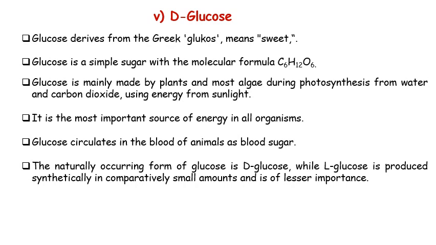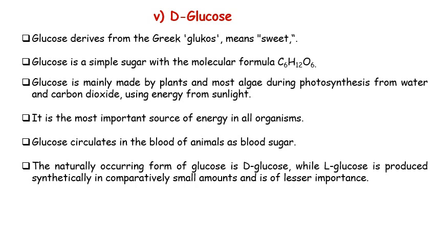Glucose is the simple product of photosynthesis, which is why we also call it a simple sugar, with the molecular formula C6H12O6. Glucose is mainly made by plants and most algae during photosynthesis, whether lower or higher plants, from water and carbon dioxide using energy from sunlight. So it is the most important source of energy for all organisms, a primary source of energy.